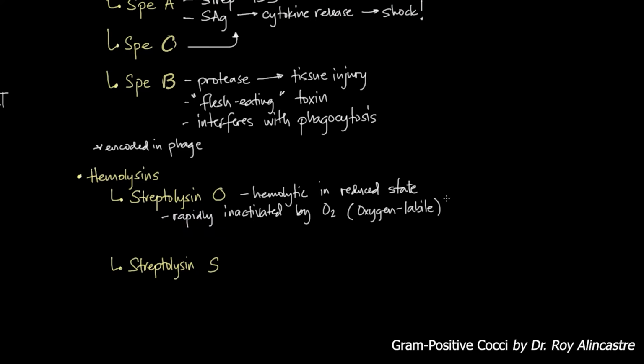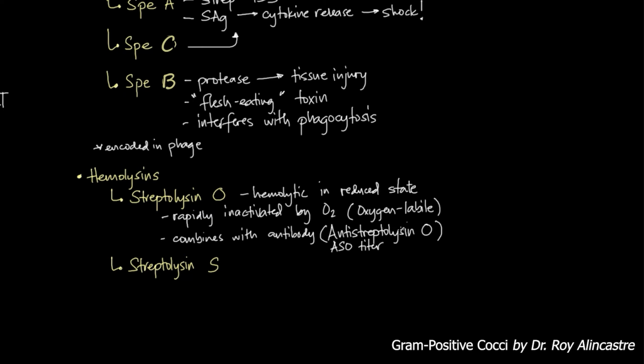Okay? This combines with an antibody that appears in patients after a strep infection called anti-streptolysin O, or ASO. Okay, you might have heard of ASO titer. This antibody blocks hemolysis by streptolysin O. So this is the basis for the ASO serum titer, which is a diagnostic test.